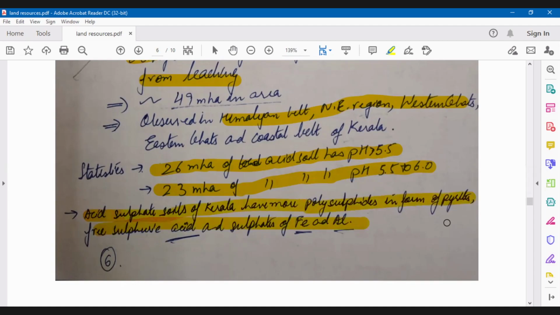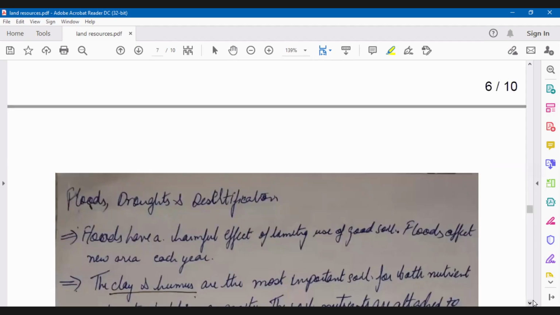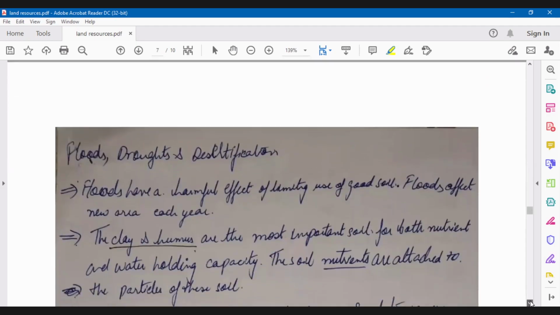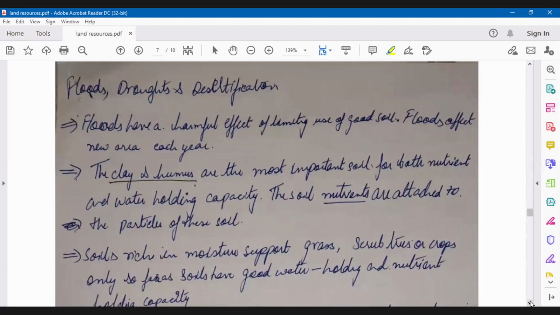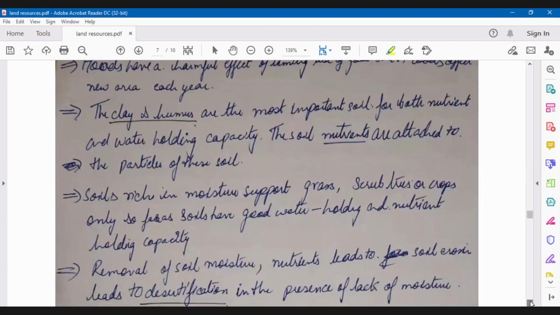What compounds are found? So basically taking the example of Kerala, acid sulfate soils of Kerala have pyrites, free sulfuric acid, and sulfates of iron and aluminum. Next, floods, droughts, and desertification. We have already read the concept that the reasons for floods are disturbed natural drainage and heavy rainfall.